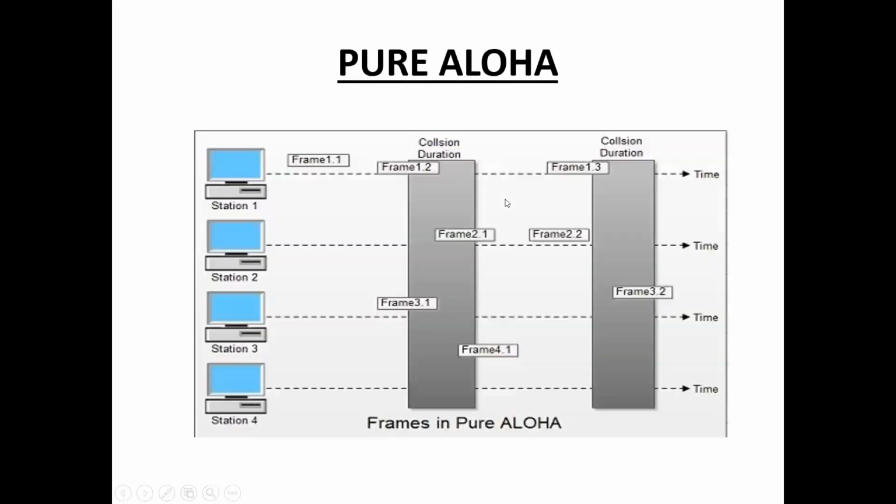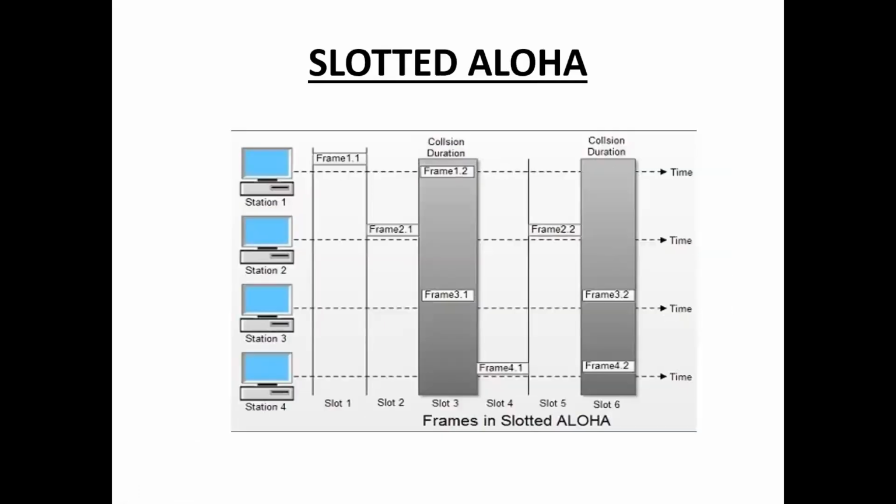Third one, detectable collisions. If two frames from different stations are simultaneously transmitted, a collision is said to occur. See here, two frames 1.2 and 3.1 from different stations 1 and 3 are simultaneously transmitted, that means in the same time slot 3.